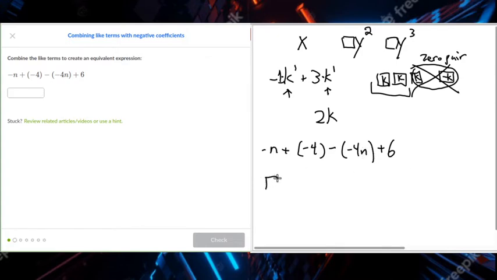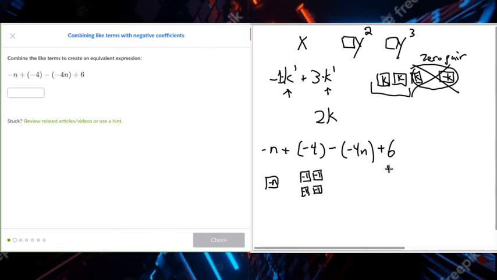So here I have a negative n block, and over here I am going to subtract. We'll do that in a second. Here I have negative 1, negative 1, negative 1, negative 1, and that's negative 4 altogether.